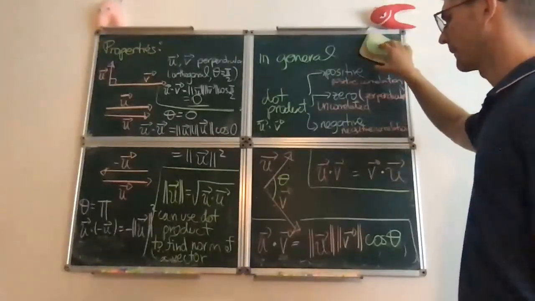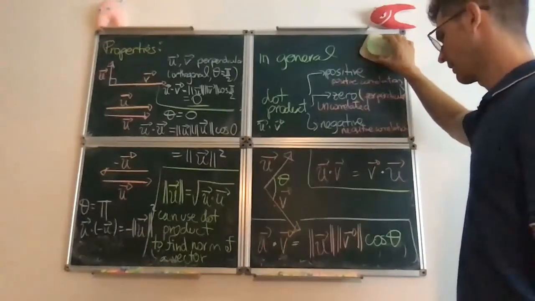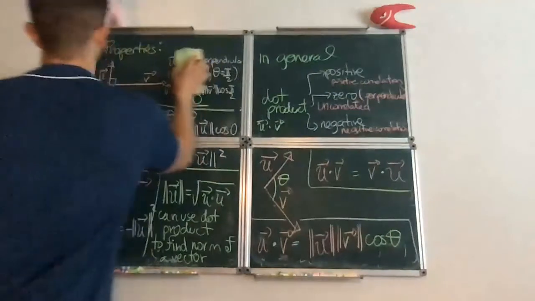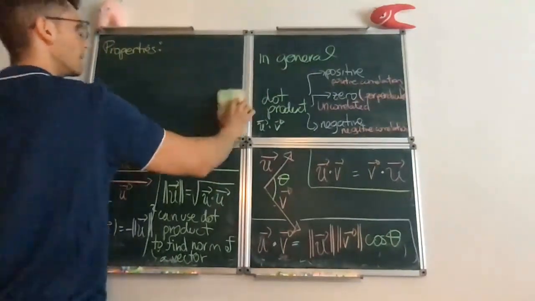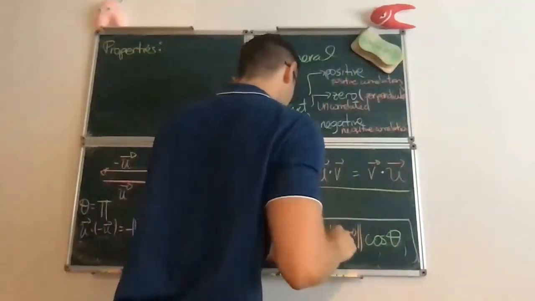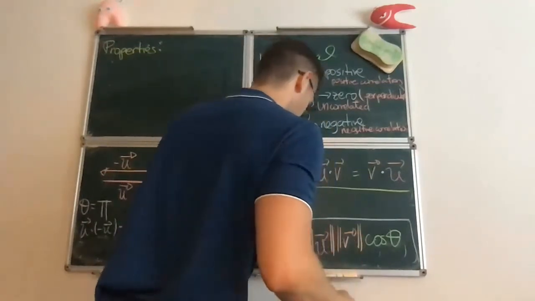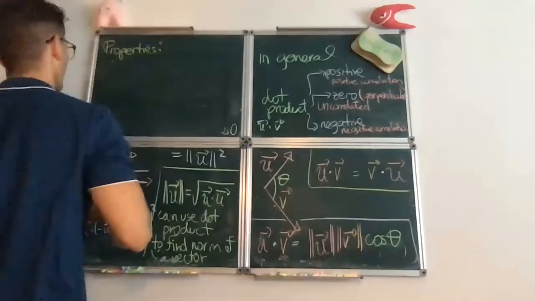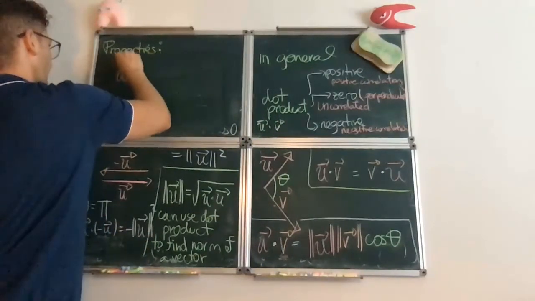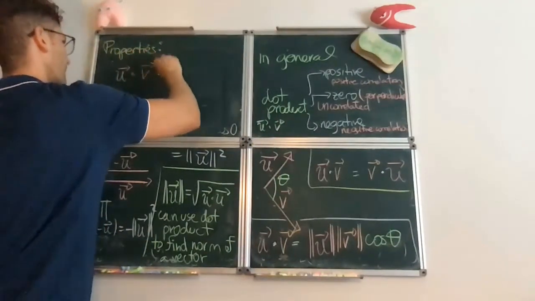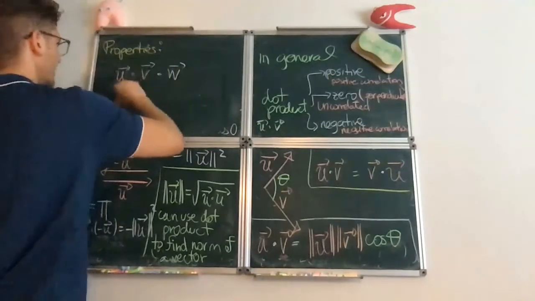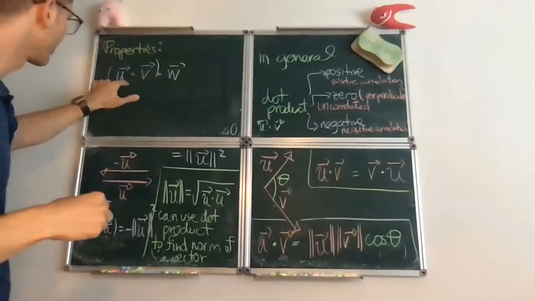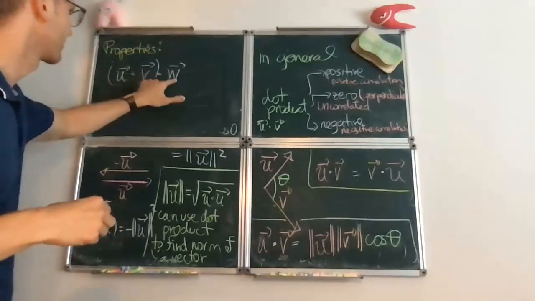But let me just finish with this. Say something like this: take two vectors, take their dot product, and then take a third vector.